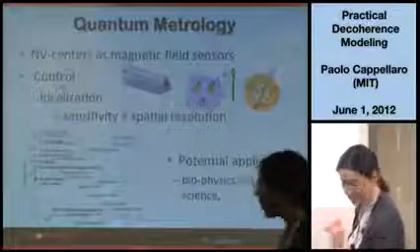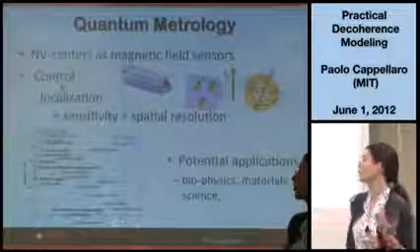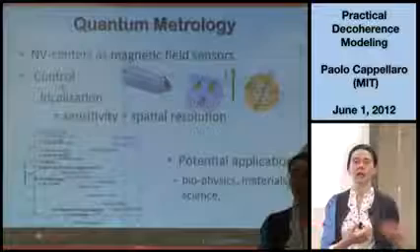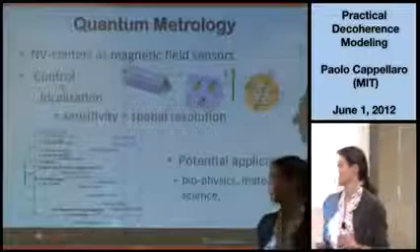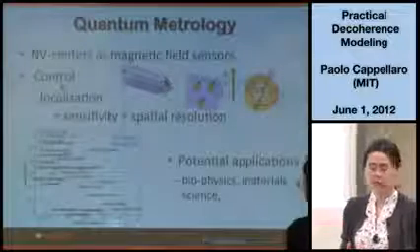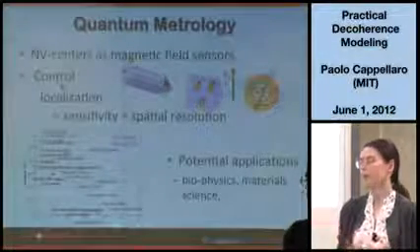Finally, the last thing that we do is to look at the problem of quantum metrology. How can you use a quantum system, instead of building a quantum computer, as a quantum sensor? They are supposed to be much more sensitive if you can exploit their quantumness.